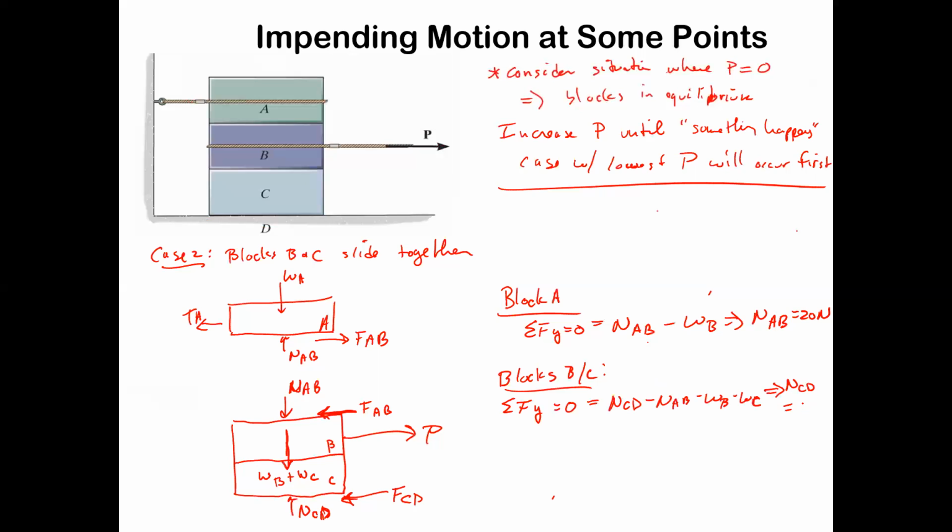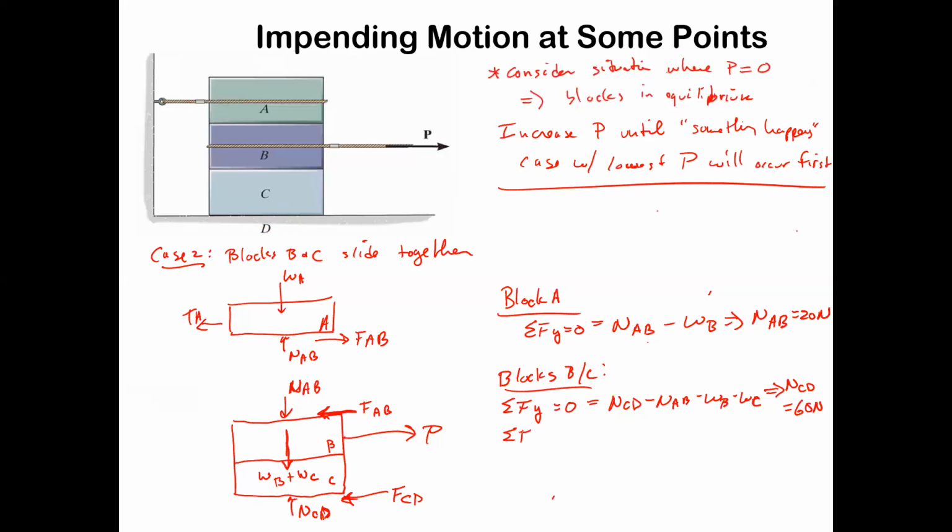So NCD has to be 60 newtons because it's got the weight of 3 blocks to push up, right? Could have done that by inspection, but just cranking out those equations always sort of helps clarify things, right? The normal force at D, this point here, has to be supporting 3 blocks, so that obviously has to be 60 newtons to keep those things from falling, right?